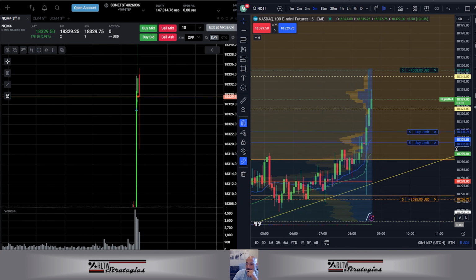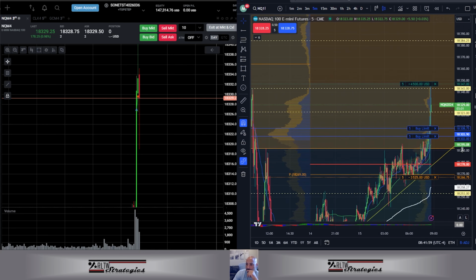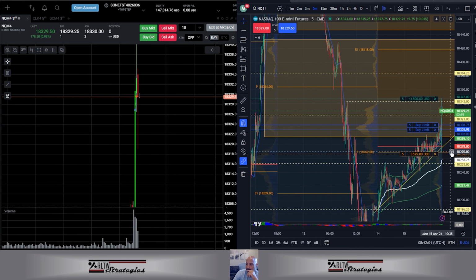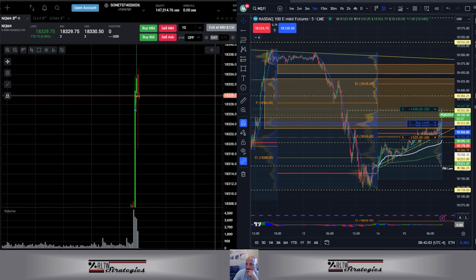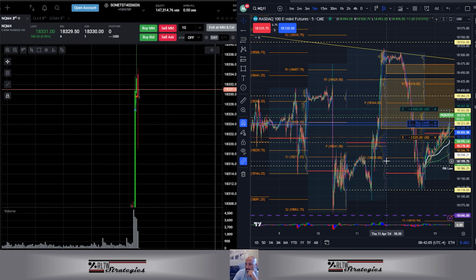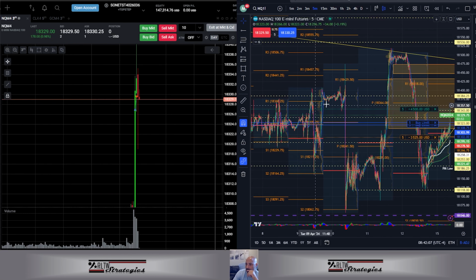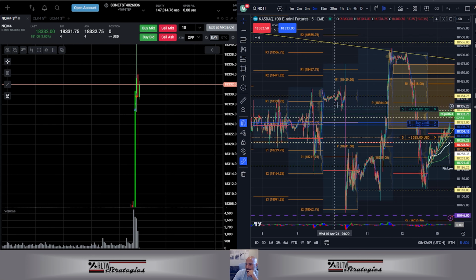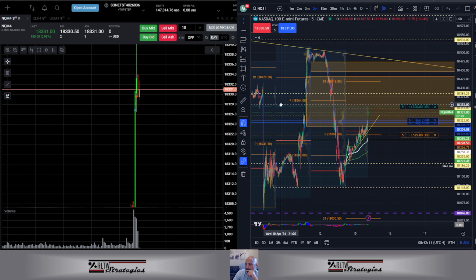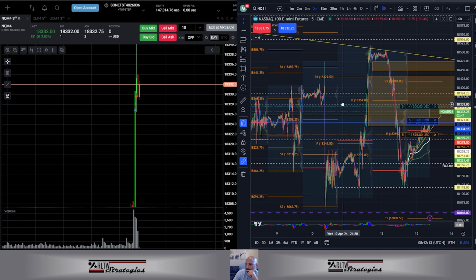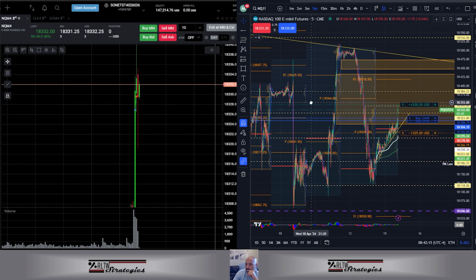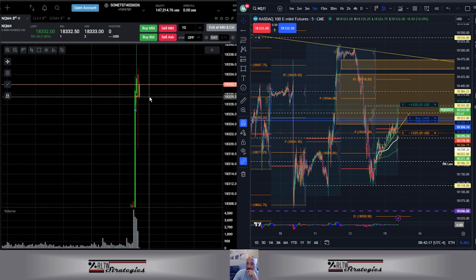And we have a lot of movement to recover from the last drop. All right. A lot of area to recover from. Building a flag pattern here.